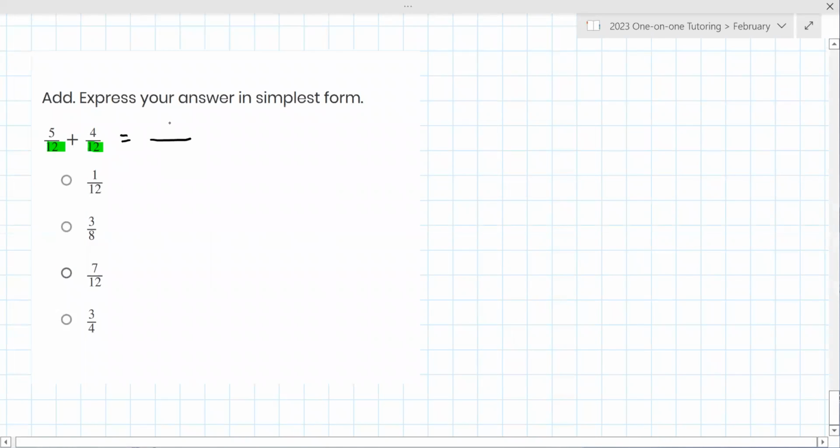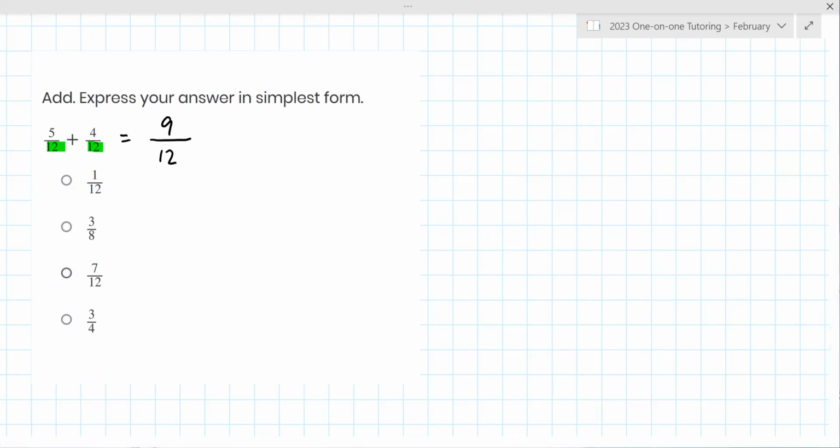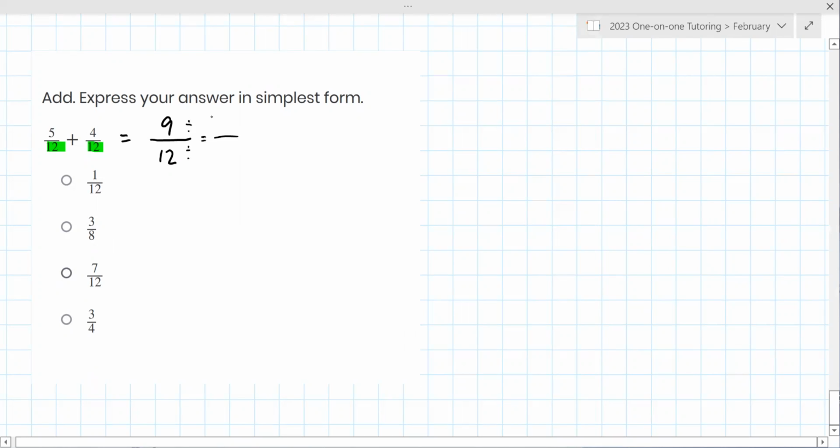At the top. Okay, so that's 9 over 12, but that answer is not anywhere in this list. Can you simplify this fraction? Is there a number that goes into both the top and the bottom? Yeah. Okay, what number divides both 9 and 12? 3. 3, yeah.